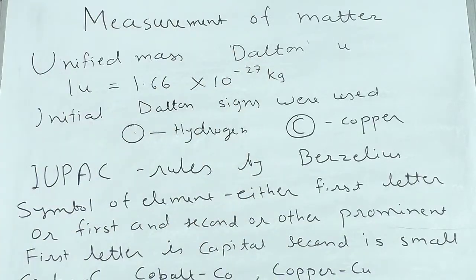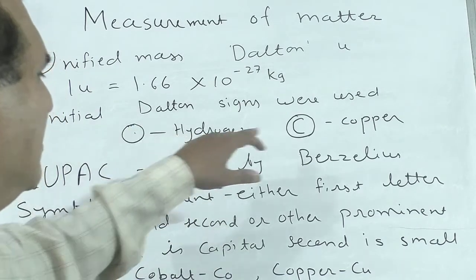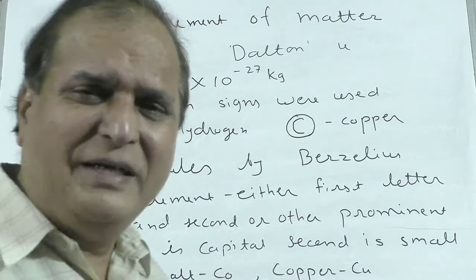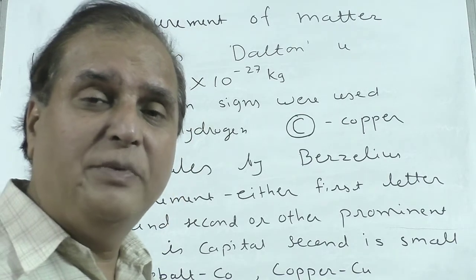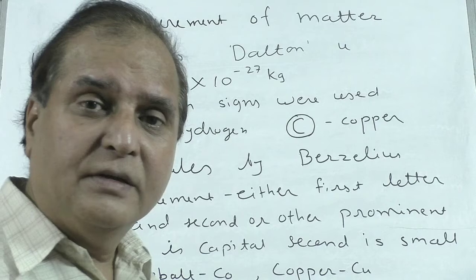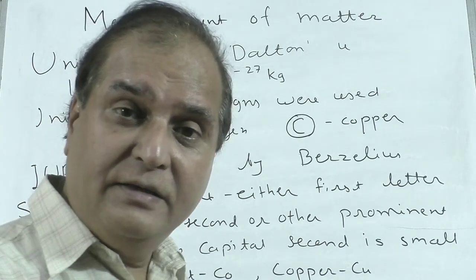Okay. So initially Dalton's signs were used. Dalton had given some signs like this for hydrogen, this for copper. Very tedious, it was difficult. But later on, after IUPAC, some rules were decided internationally.